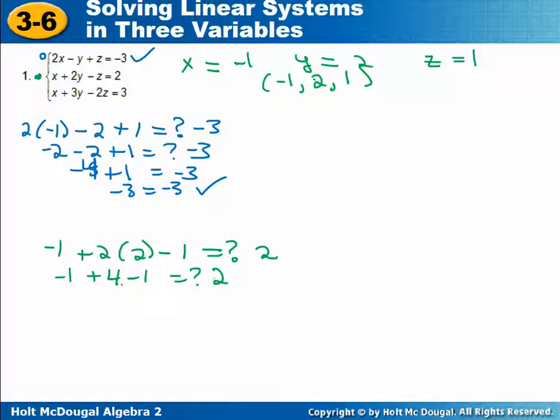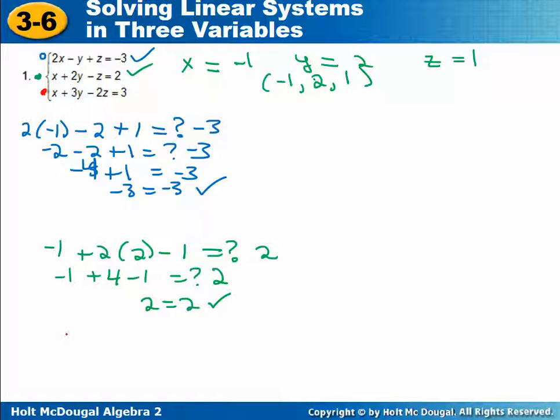Negative 1 plus 4 is 3. 3 minus 1 is 2. 2 equals 2. That one checks. Okay, one more to do. And you do not have to show me the check on your worksheet. You can do that on your own paper. But if you check it, you'll know your answer is right and that you got that problem right.